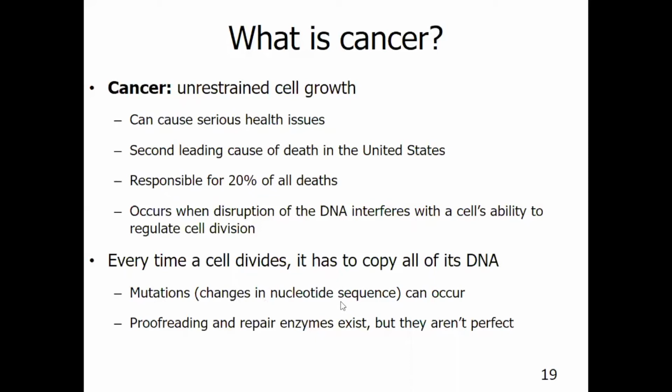So for example, instead of GAC, there's a mutation and we end up with GCC. Now our cells do have proofreading and repair enzymes that look for these mutations and fix them, but our proofreading enzymes aren't perfect, so some mutations may not get corrected.